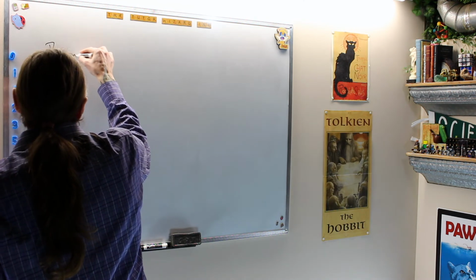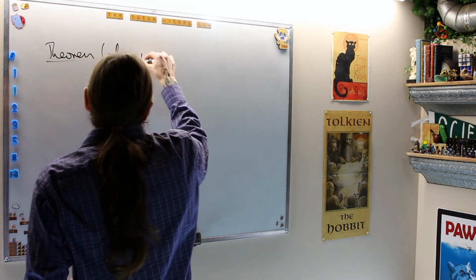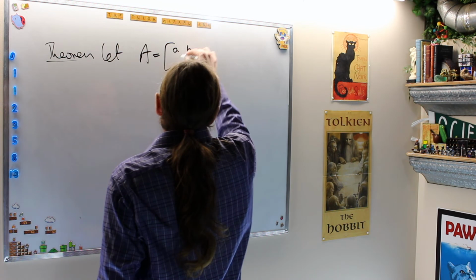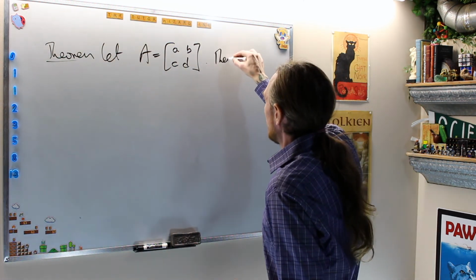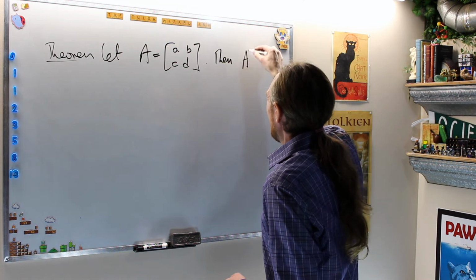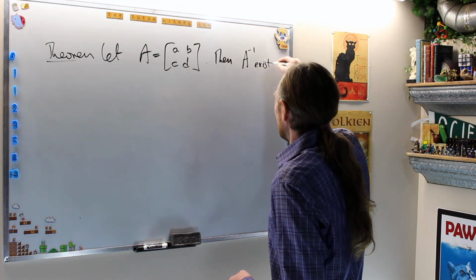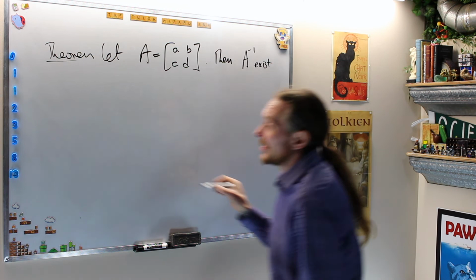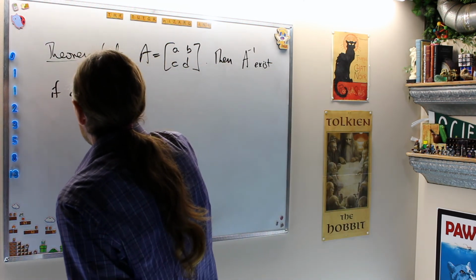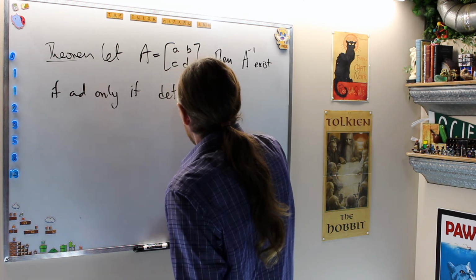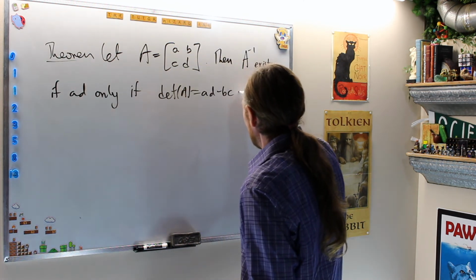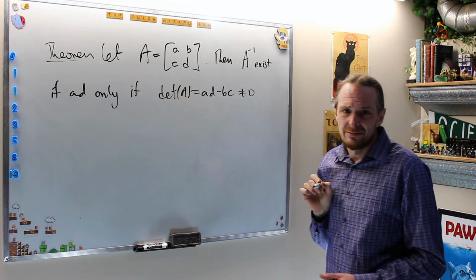Theorem. Let A equal [A, B; C, D] be a 2 by 2 matrix. Then A inverse exists, so A is invertible, if and only if the determinant of A, which is AD minus BC, is not 0.